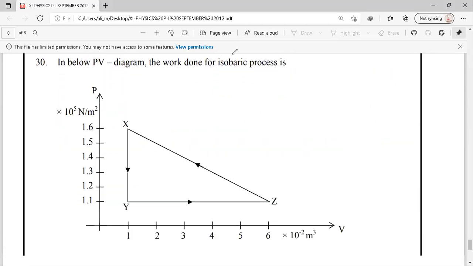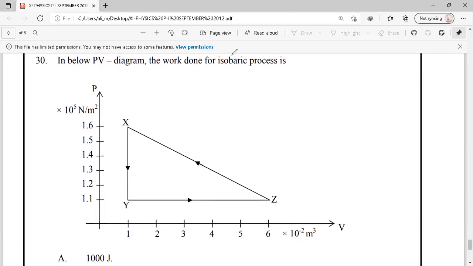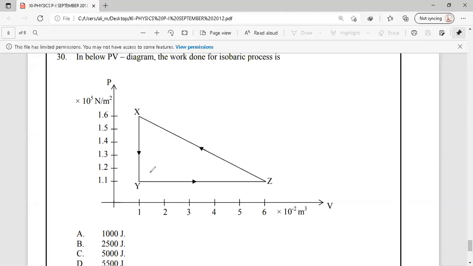Then we have the last question of this paper, question number 30. In this question, we have a PV diagram for a gas, and we have to find the work done by the isobaric process. If we recall, isobaric in thermodynamics means constant pressure.